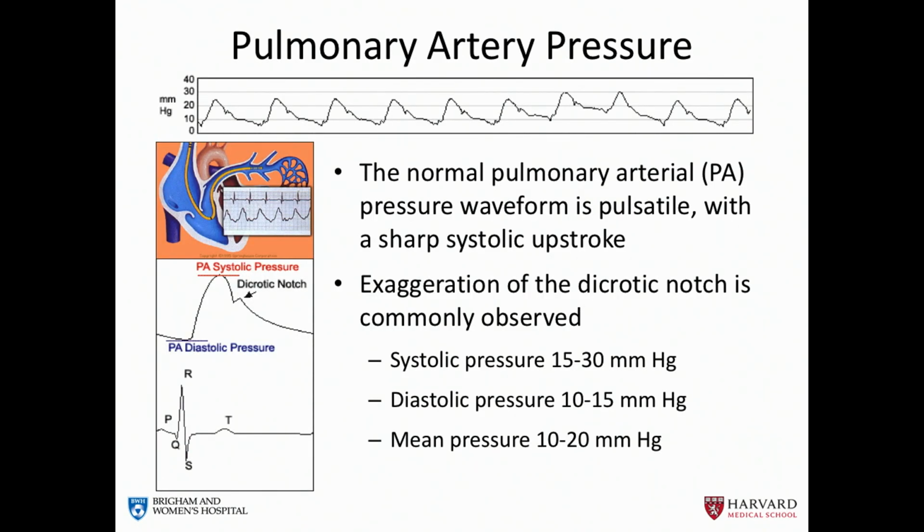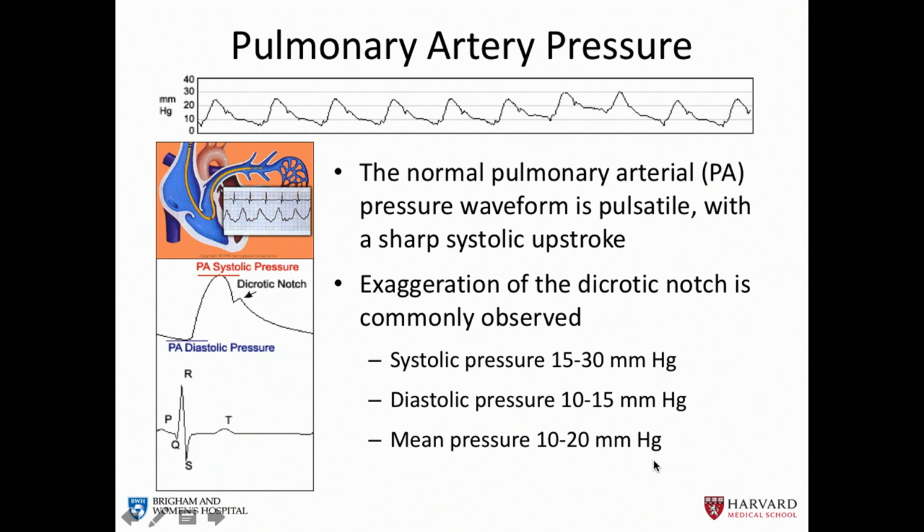This is what the pulmonary artery pressure waveform looks like. And you can see we're now measuring with a balloon down. Catheter is out in the distal pulmonary artery. This is the characteristic waveform. You can see the systolic upstroke and peak systolic pressure, the dicrotic notch reflective of closure of the pulmonic valve, and you can see over here the normal range of pressures.